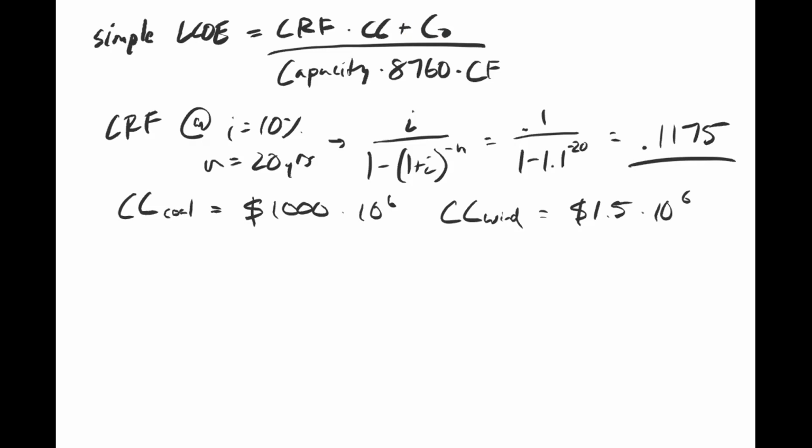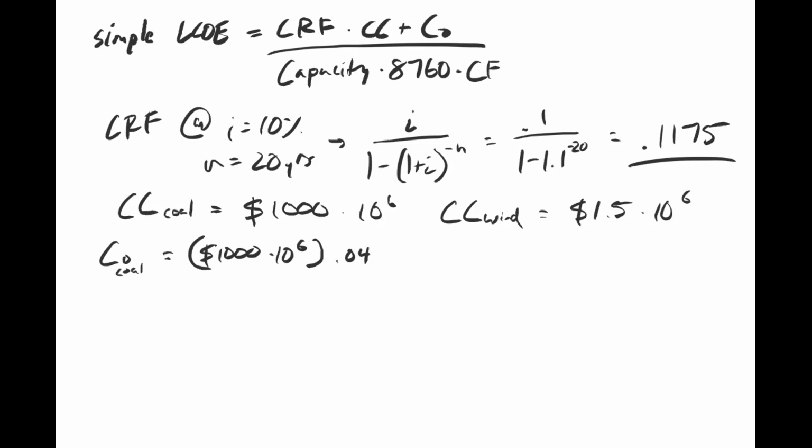So for coal, CO is equal to, there's two parts. There's the fixed value, which was 4% of the capital cost. So this is 1,000 times 10 to the 6, $1 billion, times 0.04.